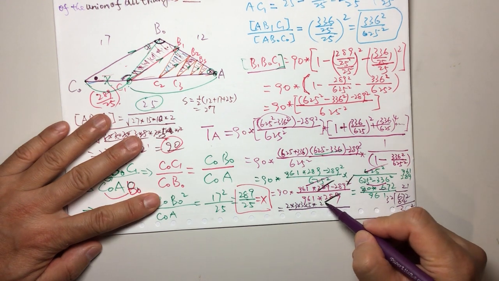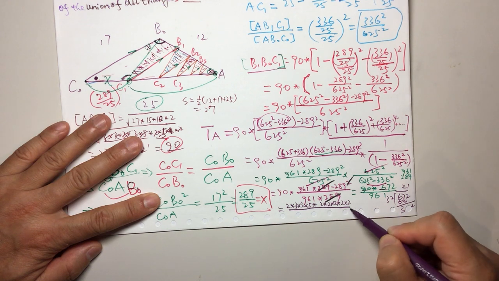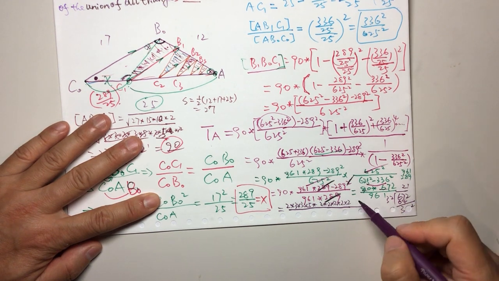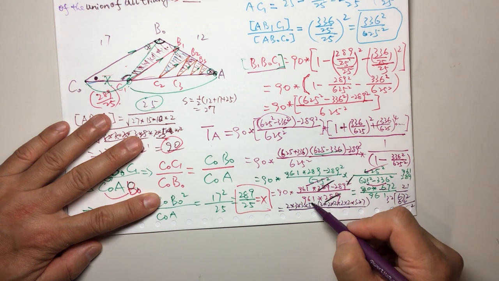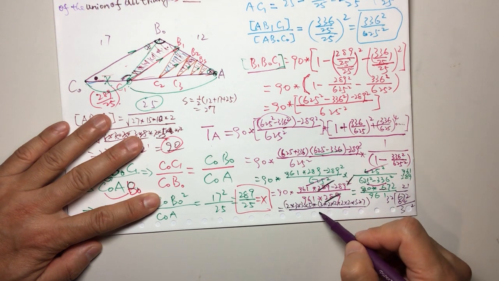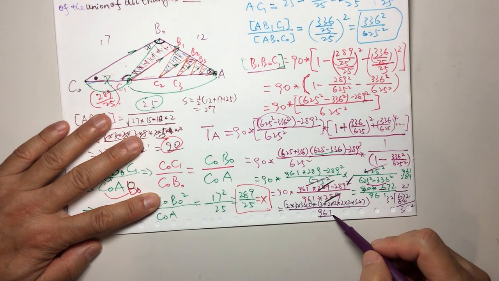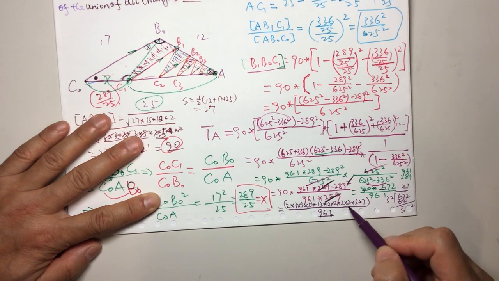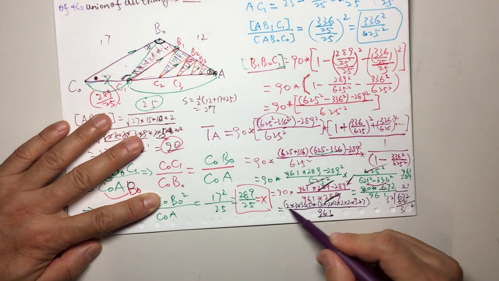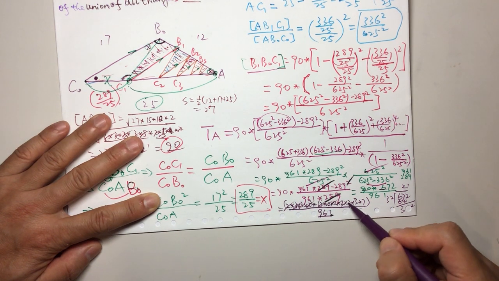So 32 is 2 times 2 times 2 times 2 times 2, five 2s. 21 is 3 times 7, right? Now for 961, no factor 2, no factor 3, because this is a multiple of 3, this one is not. Not a multiple of 5, right?